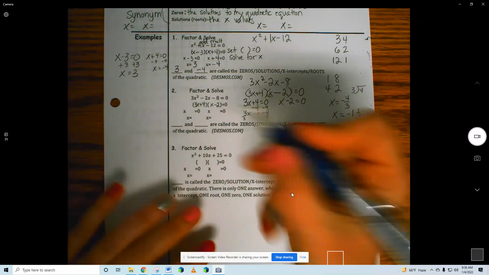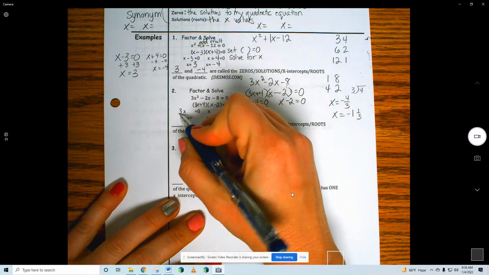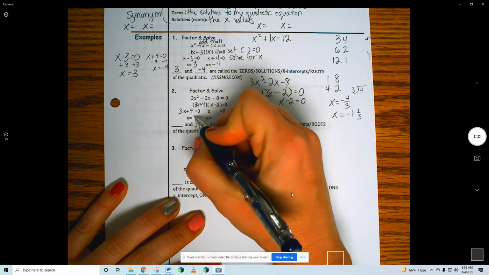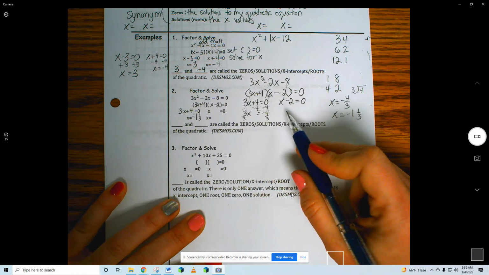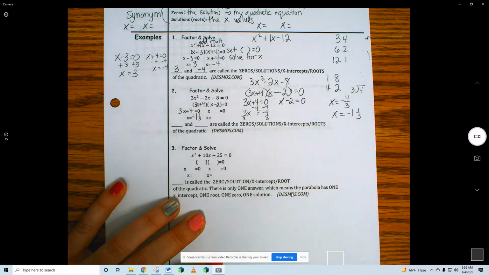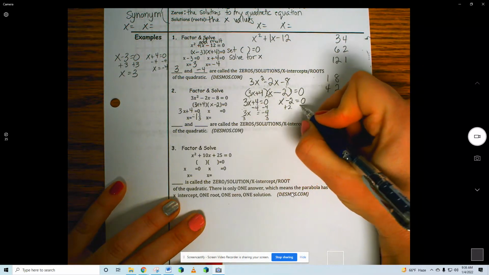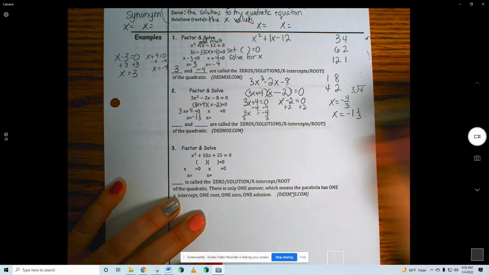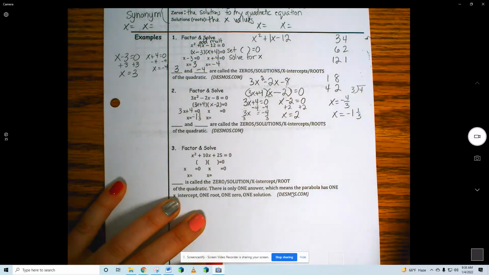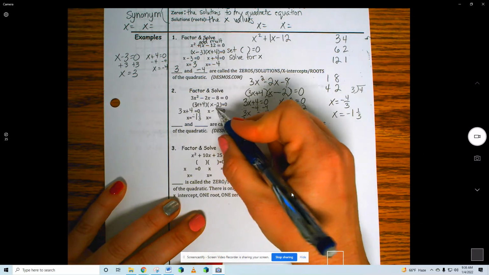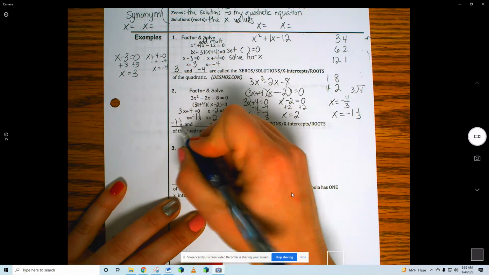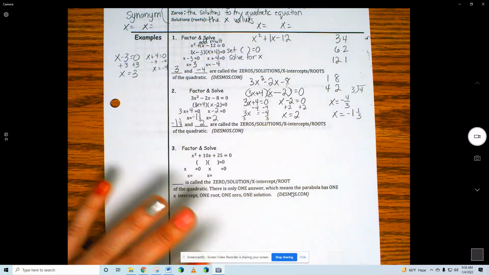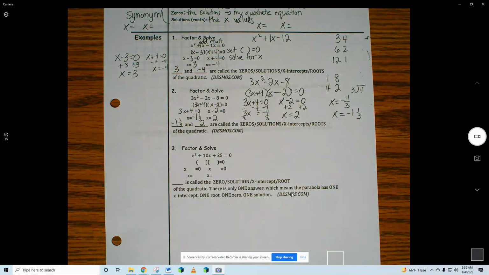X equals negative 1 1/3. 3x plus 4 equals 0, negative 1 1/3. And then x minus 2 equals 0. Add 2. That one's easy. X equals 2. Negative 1 1/3 and 2 are the zeros, solutions, x-intercepts, roots of the quadratic.